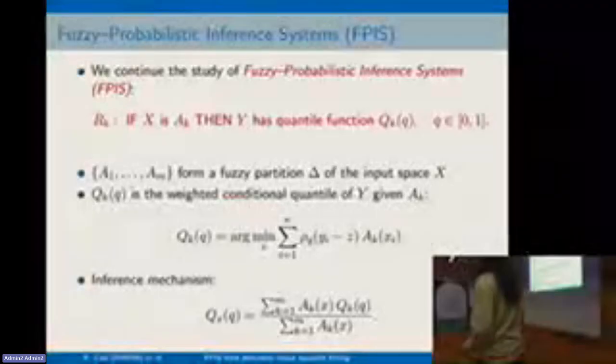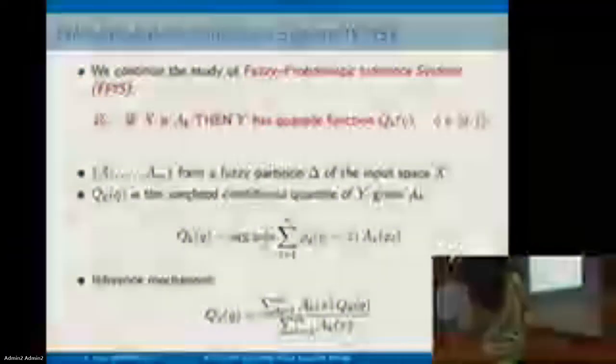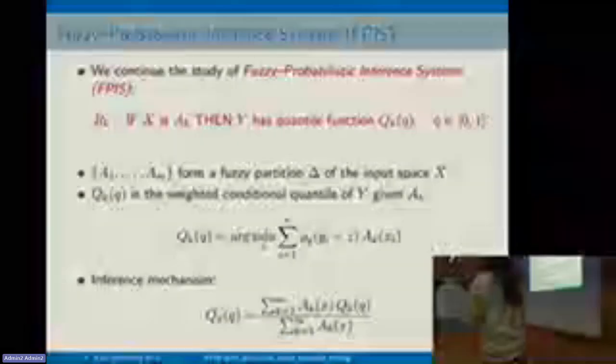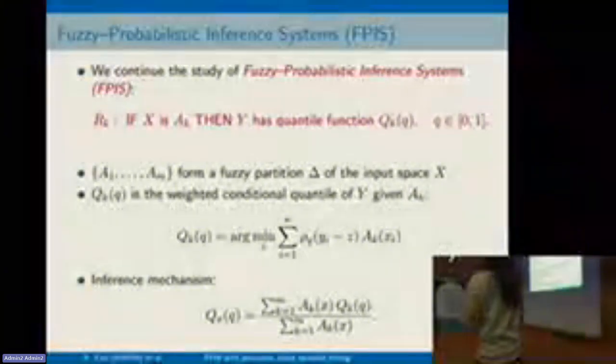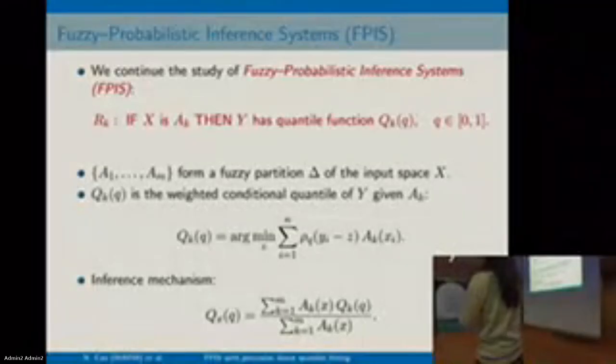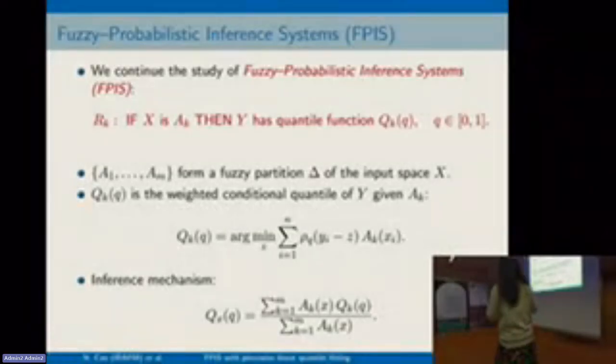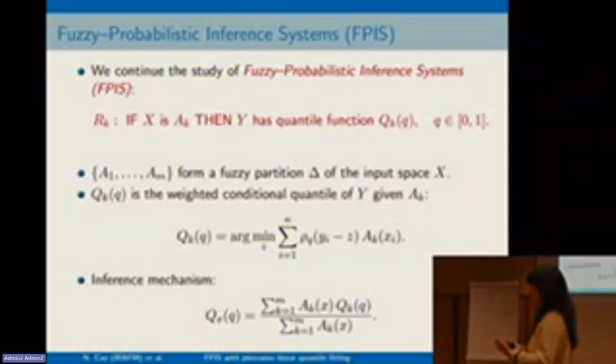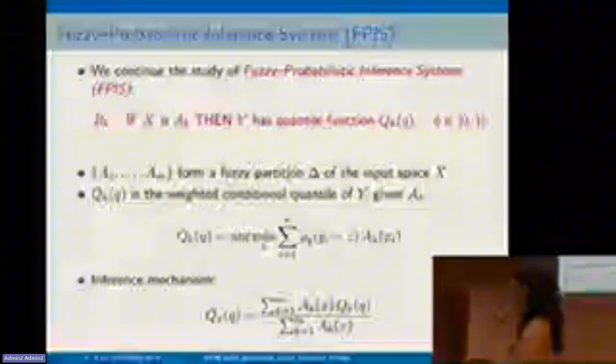In this specific work, X is a subset of R, and Y, for sure, is real-valued, a subset of R. I'm sorry for this slide because we had two talks in this section, and I eliminated some parts.